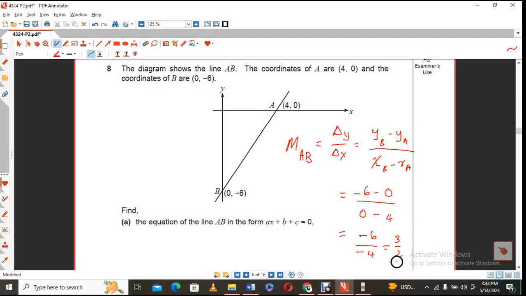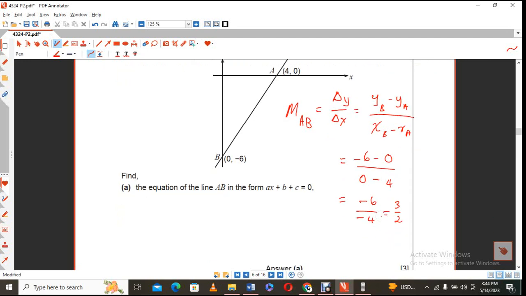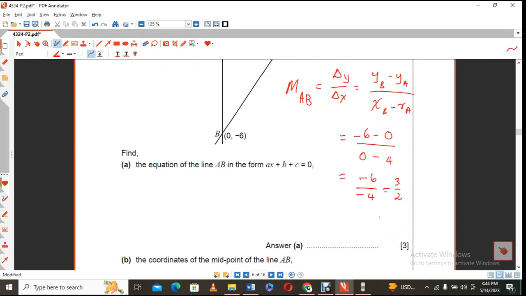Now, there is a formula that I wish you are familiar with, but suppose you're not. You have y equals mx plus c, and you know the gradient is 3 over 2, x, and you can see that the y-intercept here is at -6. So this becomes 3 over 2 x minus 6, but we don't leave the answer in this form.